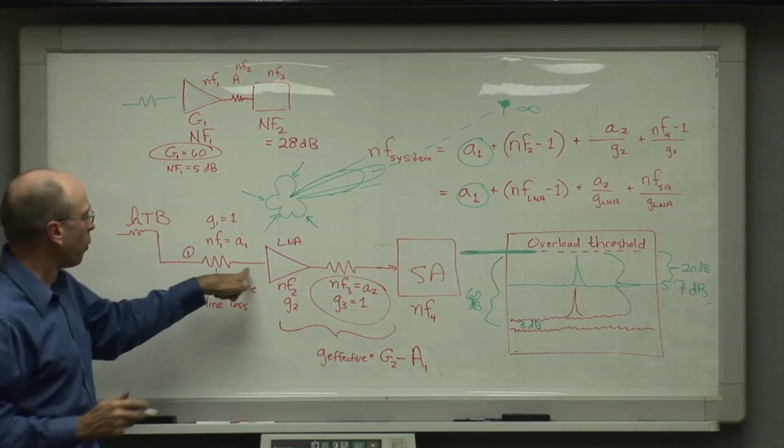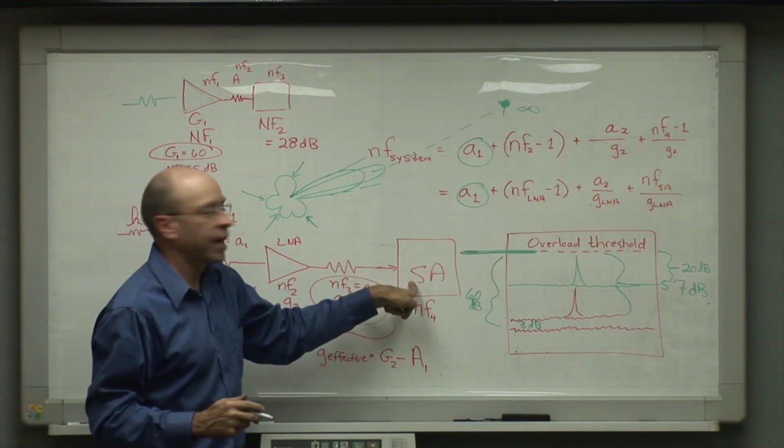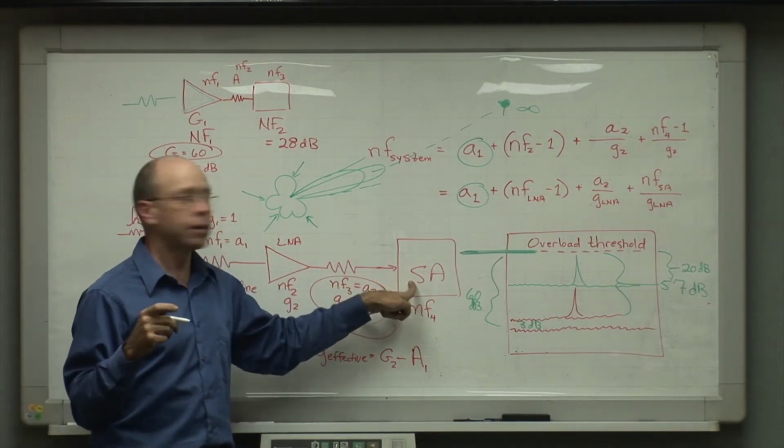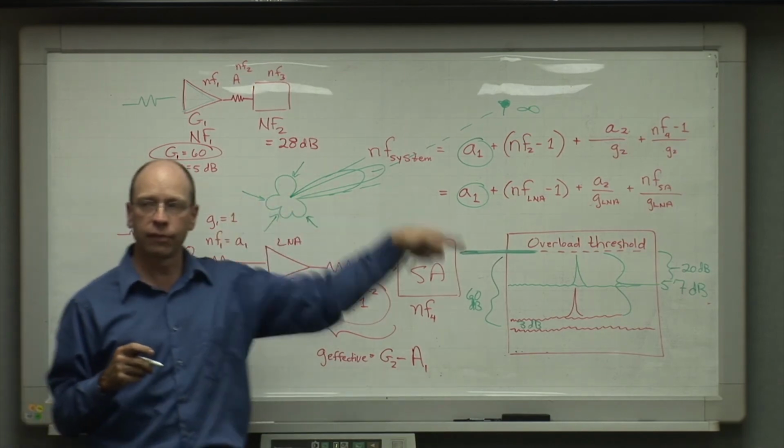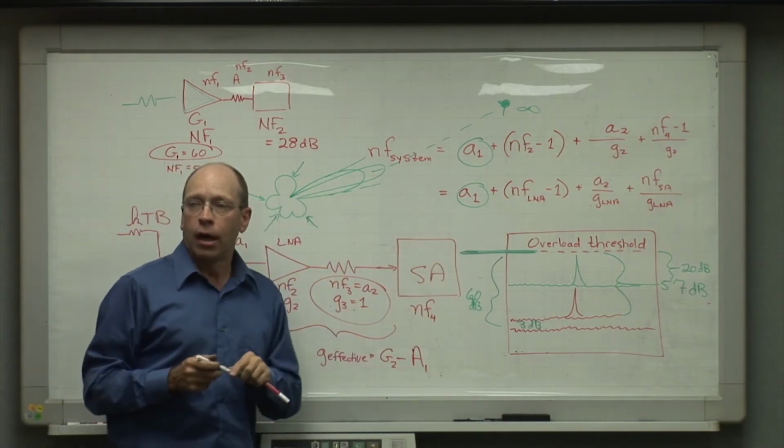So if you want to get more signal out of the noise in a spectrum analyzer and you're looking for a weak signal and you think you can set up a more directive antenna to look for that, by all means do it.